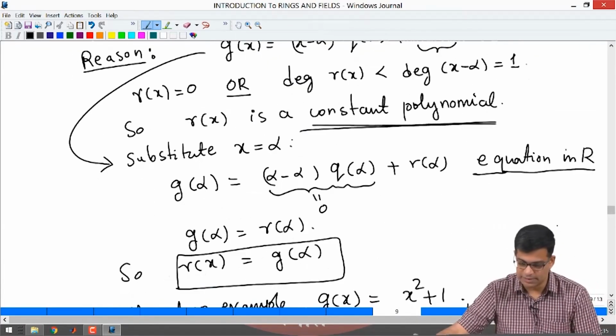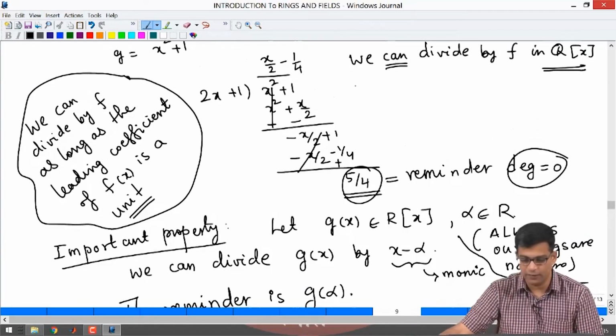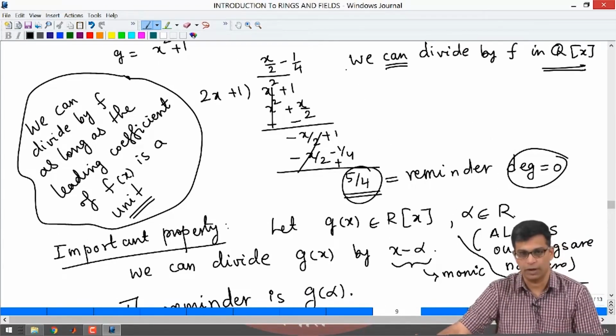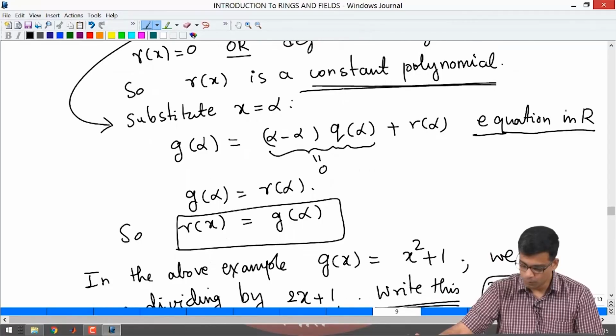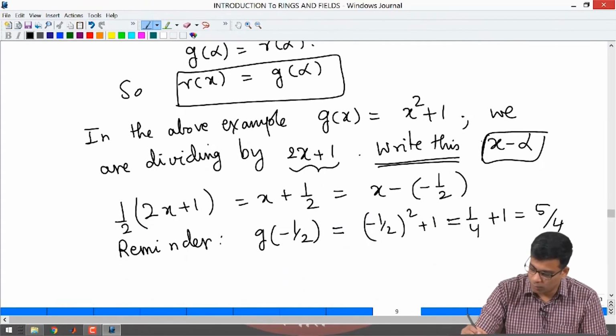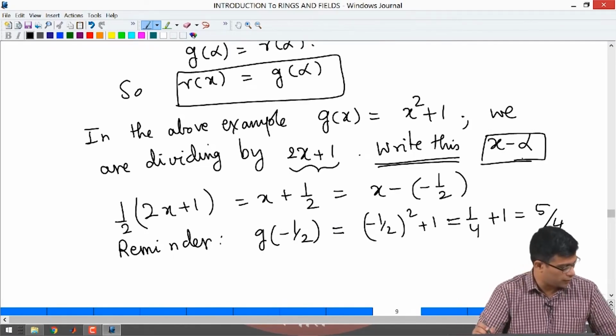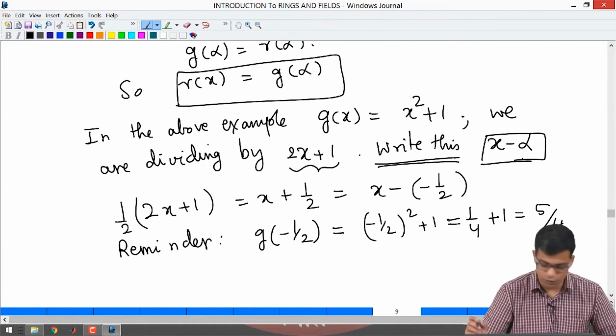And remember, this is exactly the remainder that we got, right. The remainder is simply evaluating the polynomial at minus 1 by 2. So, this is always true when you are dividing by a polynomial of the form x minus alpha, what you get is simply g of alpha. Okay. So, this is useful to keep in mind.